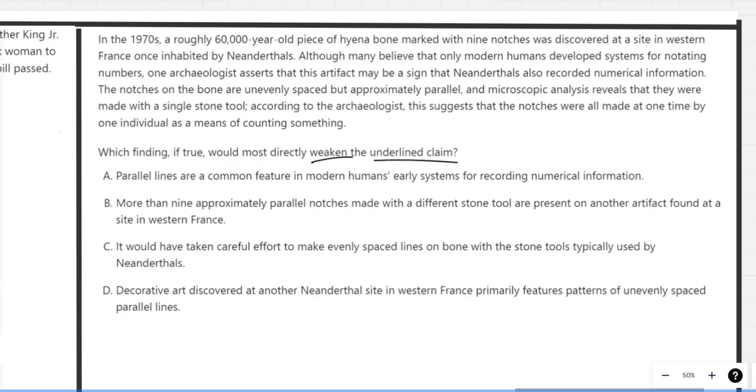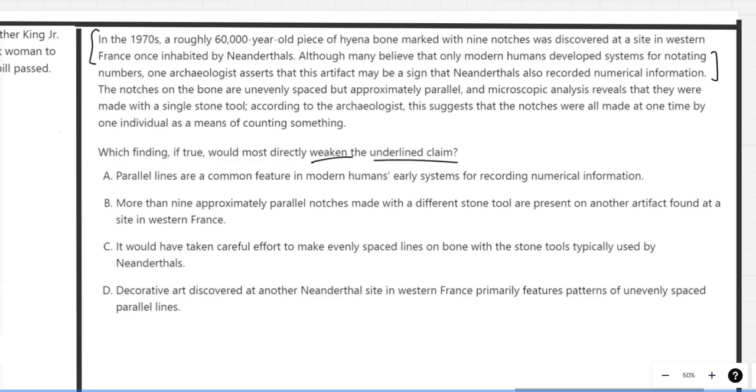Anyways, in the 1970s, a roughly 60,000-year-old piece of hyena bone marked with 9 notches was discovered at a site in western France once inhabited by Neanderthals. There's our context. Although many believe that only modern humans developed systems for notating numbers, well, that seems redundant, but I get it, one archaeologist asserts that this artifact may be a sign that Neanderthals also recorded numerical information.